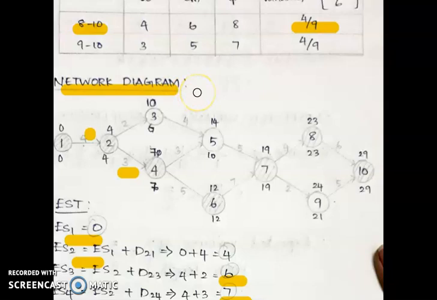If the network is not proper, the solution will not be correct, and the project duration and project evaluation will not be right. So before solving EST and LST, project variance or mean, we should draw the network correctly.